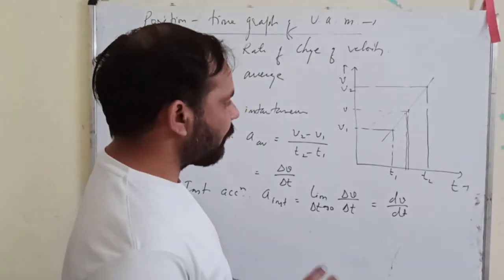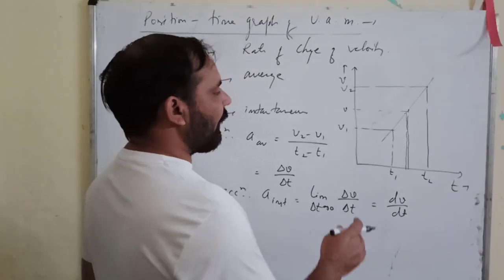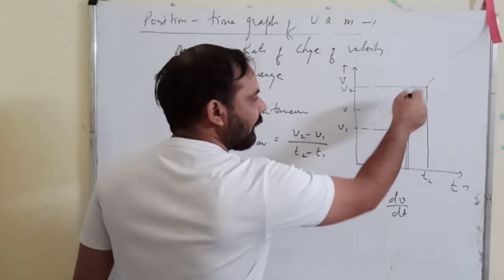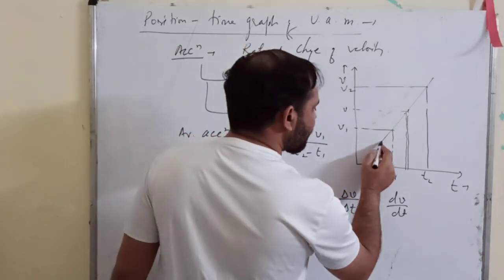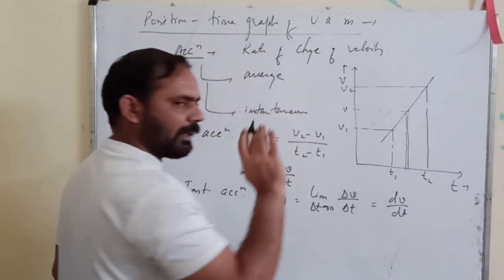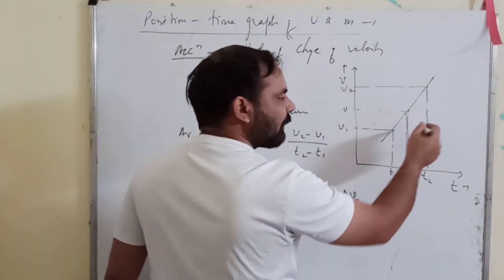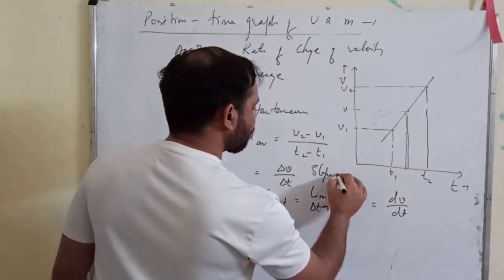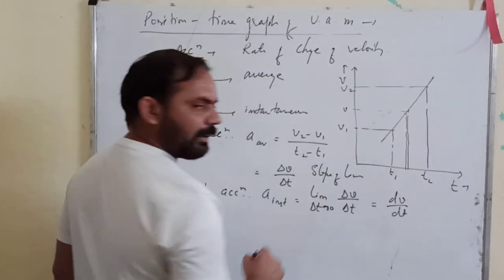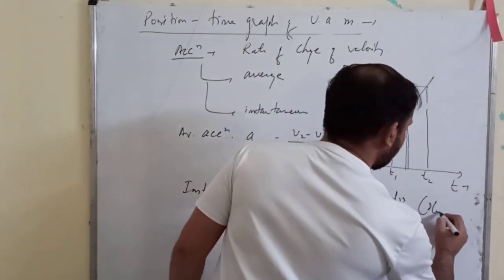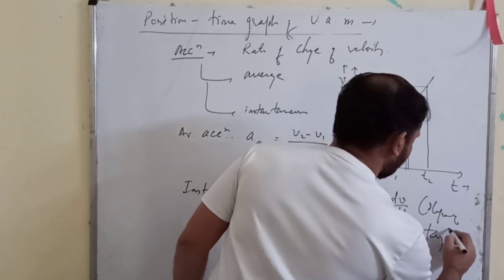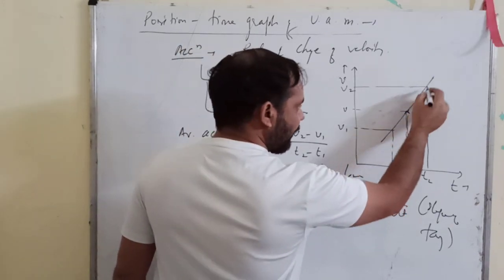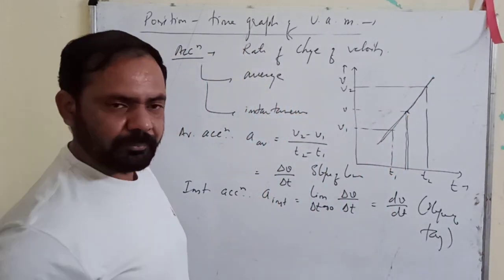Here one thing you will have to remember: suppose I have a straight line. This is the slope of the chord, and the line itself is the chord here, since you don't have a curve. This is also nothing but the slope of the tangent, and the tangent at this point is the line itself.